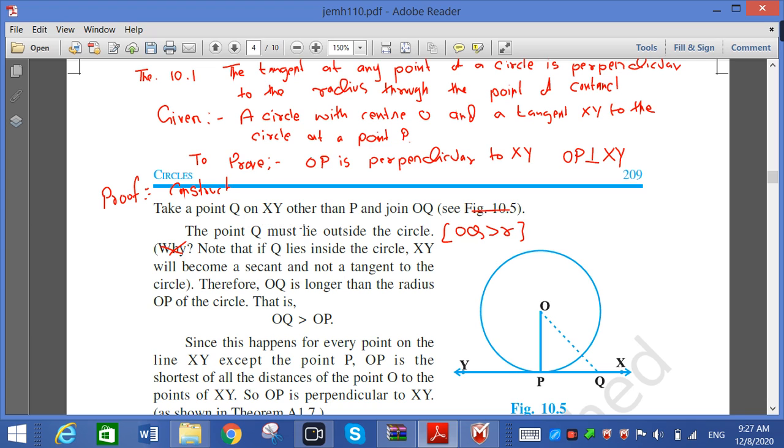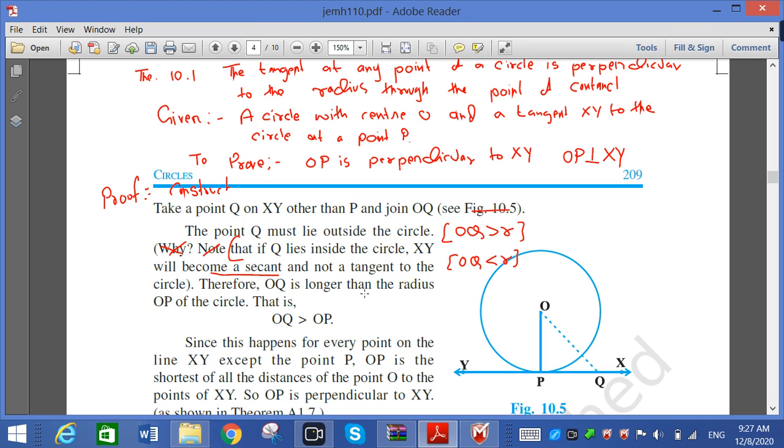If OQ is less than the radius, then it is a secant of the circle. So it is not a tangent.